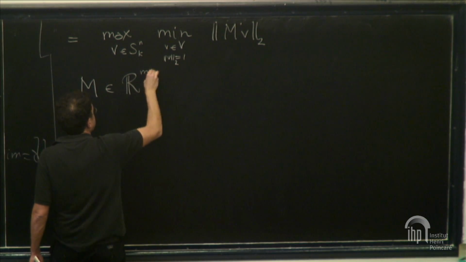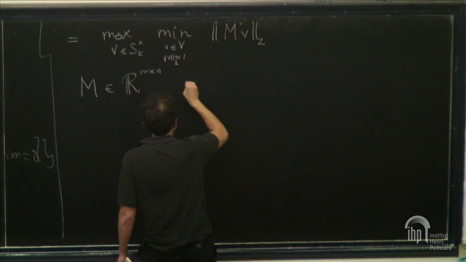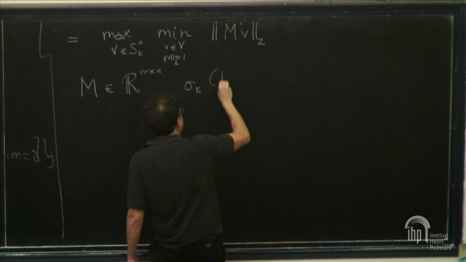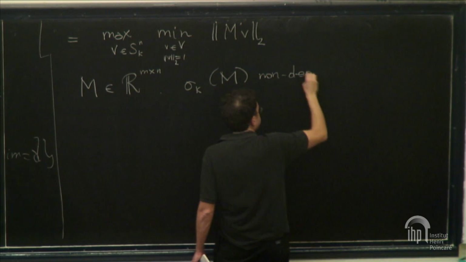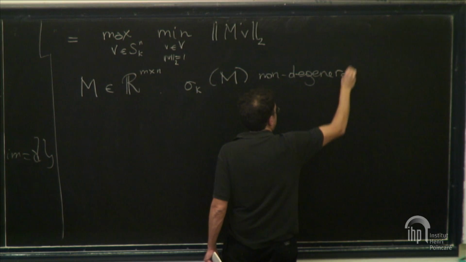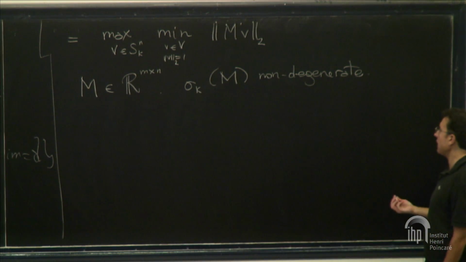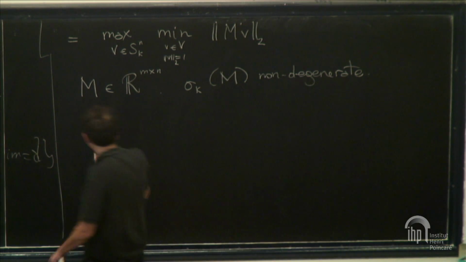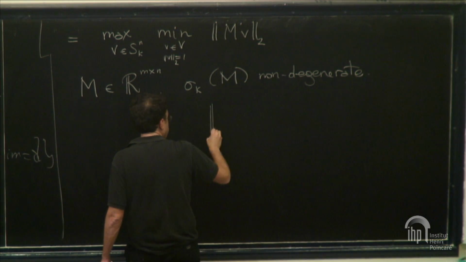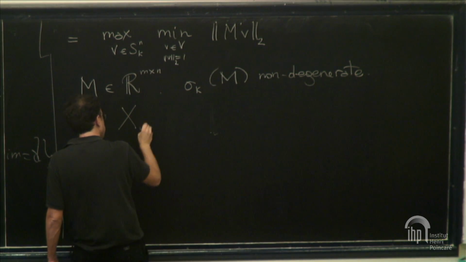If you take any such matrix, and let's say for simplicity that sigma_k is non-degenerate, so this means that the (k-1)th singular value is strictly bigger, and the (k+1)th is strictly smaller. Then if you do this optimization problem, suppose that you try to solve the following optimization problem.